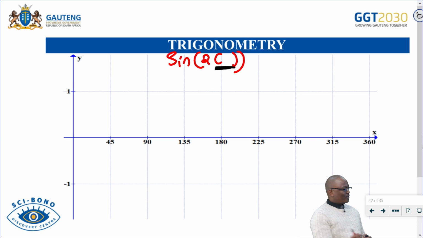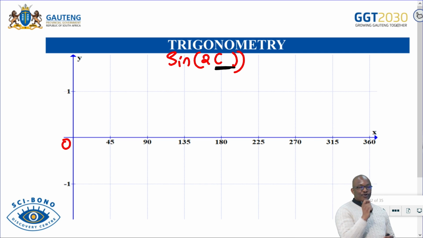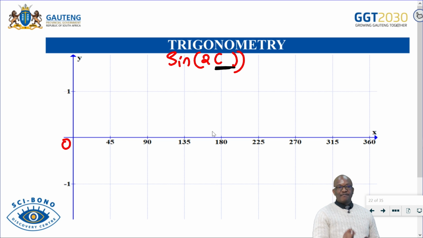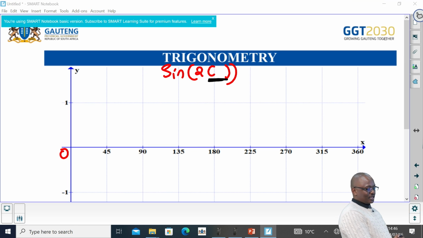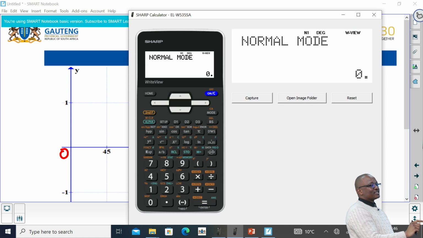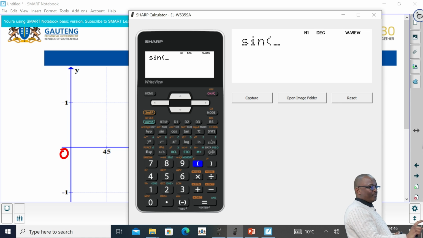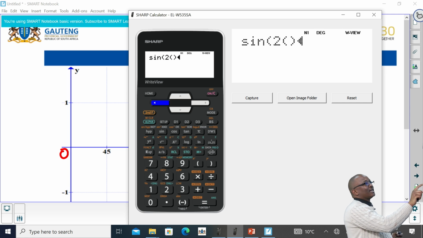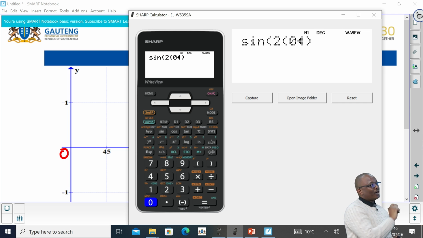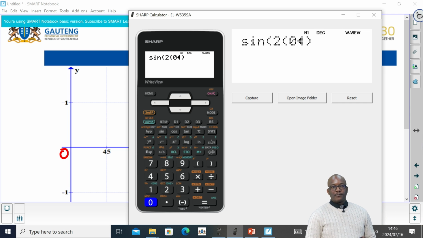That's why we are going to substitute 0, 45, 90, 135, 180, 225, 270, 315, and 360. So now, in our calculator, we're going to have sine, open bracket 2, you open, close, close again. Then inside the bracket there, you are going to start by saying 0.